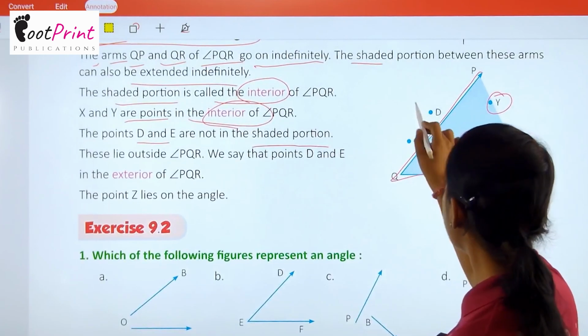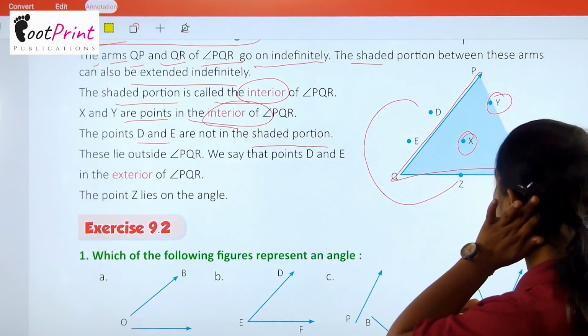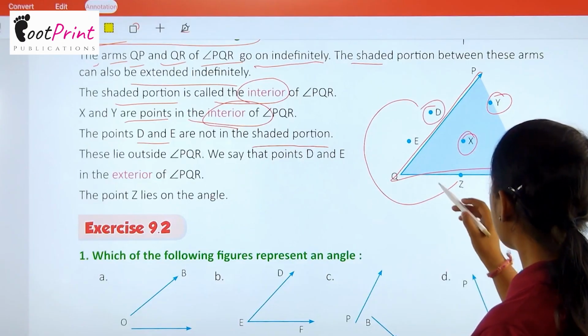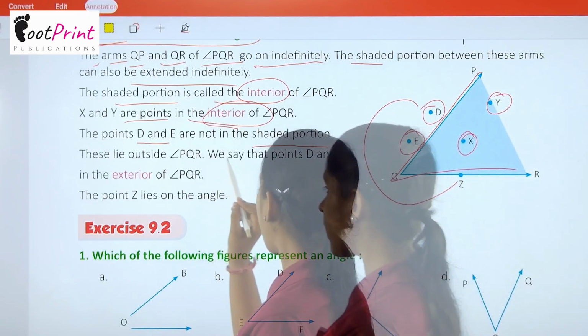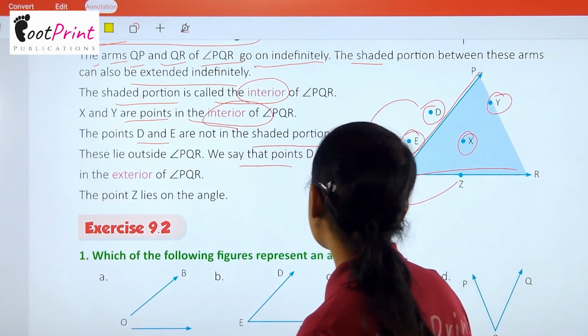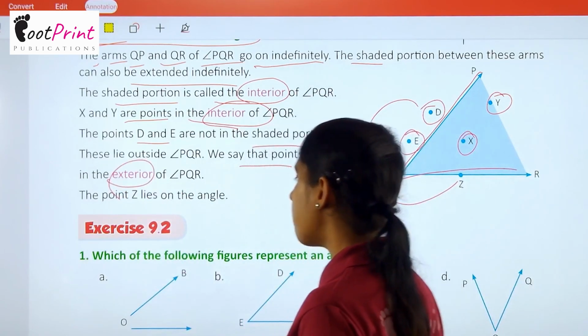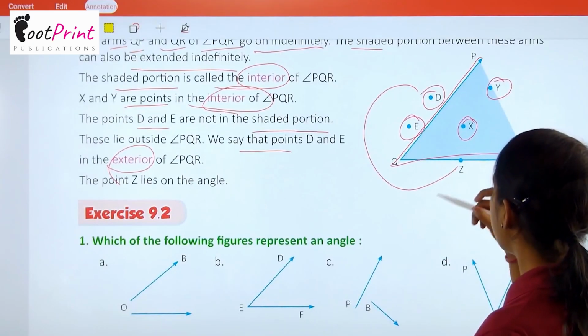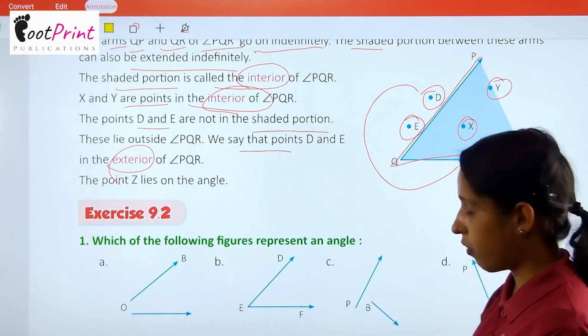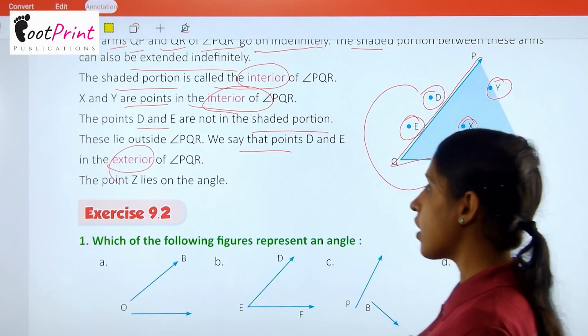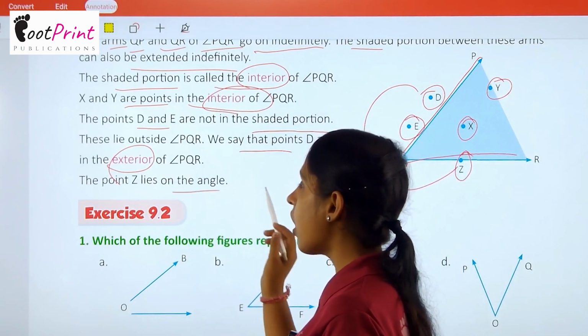Those not in the shaded portion, outside the angle, are our exterior points D and E. So there are two points D and E in the exterior of angle PQR, and then we will find which point is on the angle. So here is Z, so we can write the point Z lies on the angle.